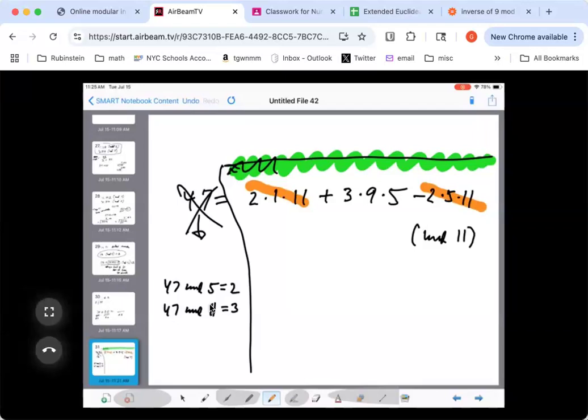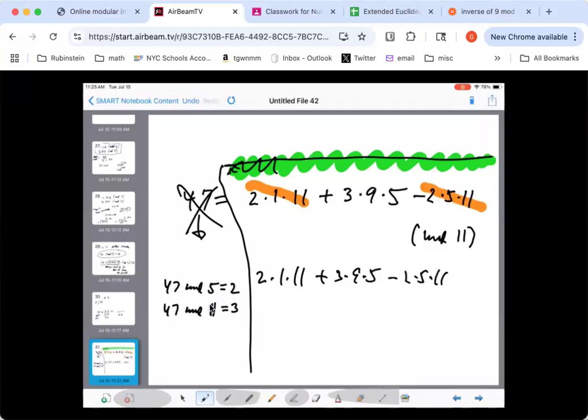They both are multiplied by 11. That's right. So on the other hand, if I took the same expression and instead I wanted to do it mod 5, then I could ignore this because it has a 5 in it, and this.